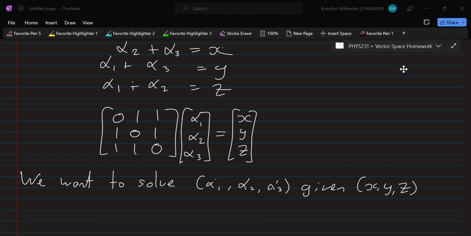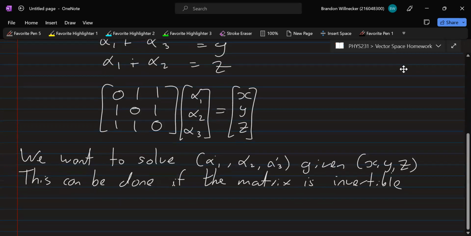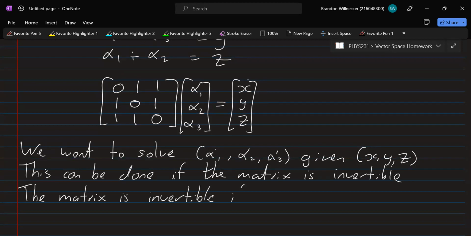So if it's invertible, we can get a solution for alpha 1, 2, and 3. Okay, and lastly, the matrix is invertible if the determinant is non-zero.